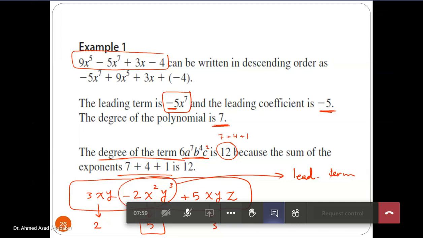And the leading coefficient equals minus 2, negative 2. The degree of the polynomial equals 5. This is the largest degree of the terms. Okay.